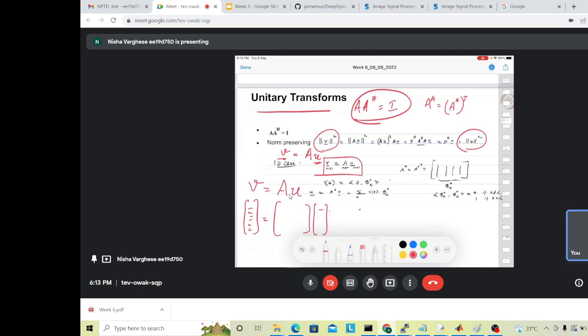Every element V of k, that is V0, V1, V2, etc., can be represented as a dot product of U and Ak star. Ak star is the columns of A Hermitian. So we will first find A Hermitian, a matrix like this, and every column can be represented as A0 star, A1 star, etc. Okay.